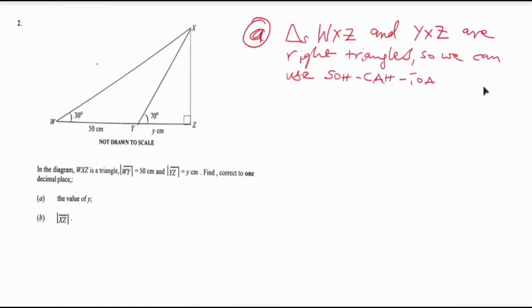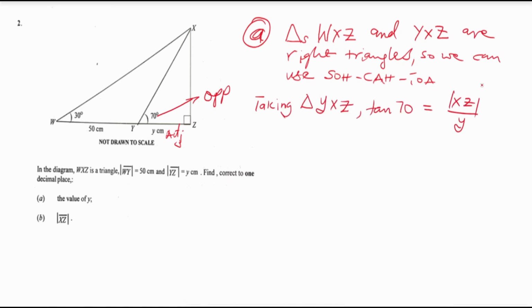Now taking triangle YXZ, which is the smaller triangle, the side facing the reference acute angle is the opposite, and then the y is adjacent. So tan 70, let me write that. First of all, we are using tan because we are interested in the opposite side and the adjacent side.